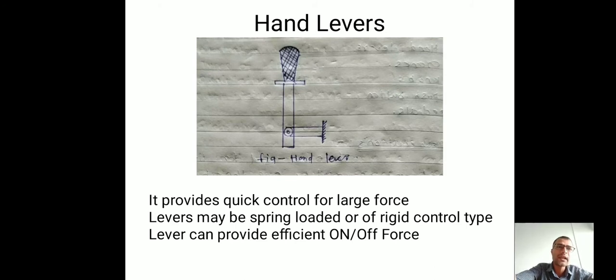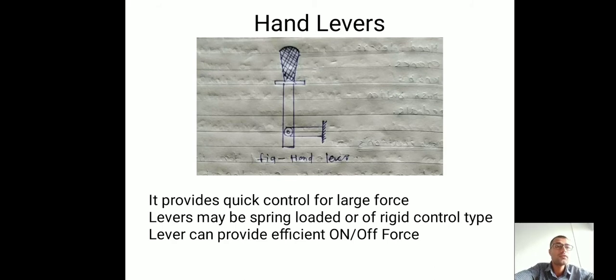Levers may be spring loaded or of rigid control type. Spring loaded levers are there, or rigid control types. So see here, lever can provide efficient on-off force. Means if we operate the lever, your vehicle gets stopped.